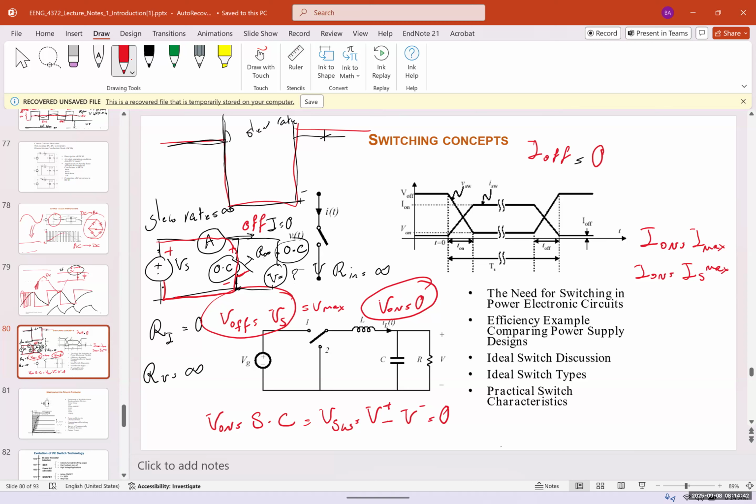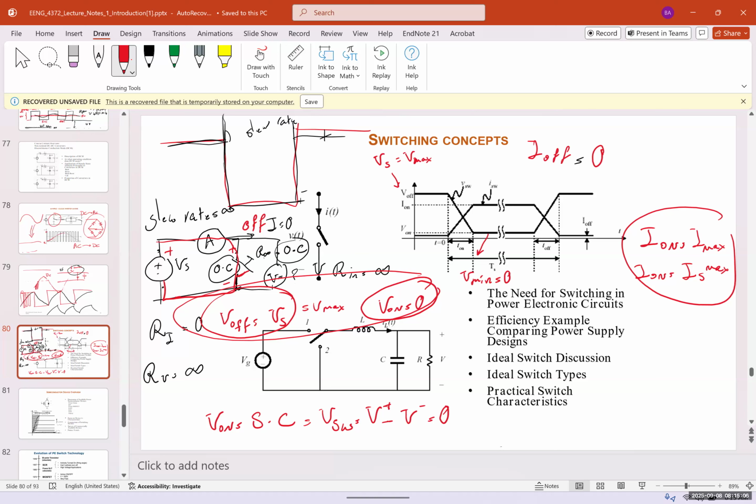Okay. So we have these two and we have these two. Therefore, when the switch is off, we would have the maximum voltage, or Vs. And when the switch is on, it goes to the minimum voltage, or 0, if it's an ideal situation.